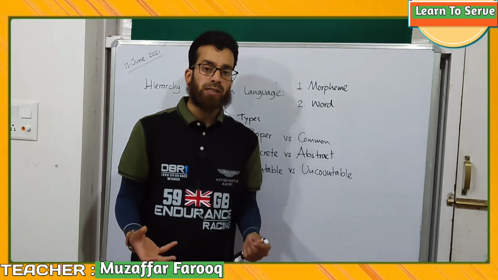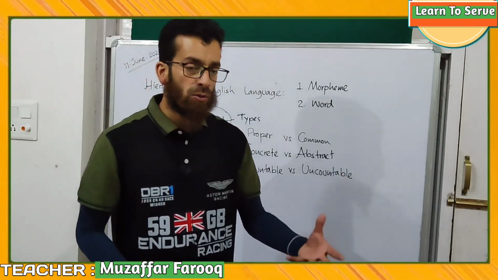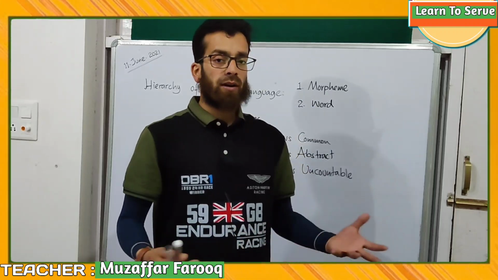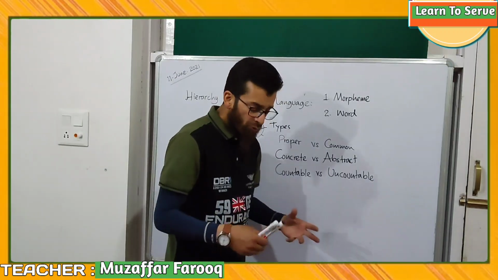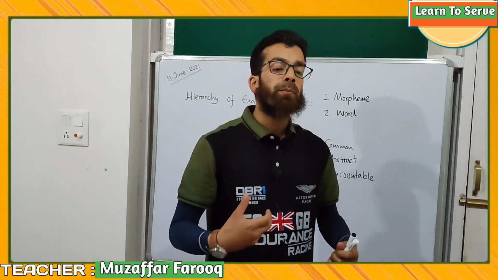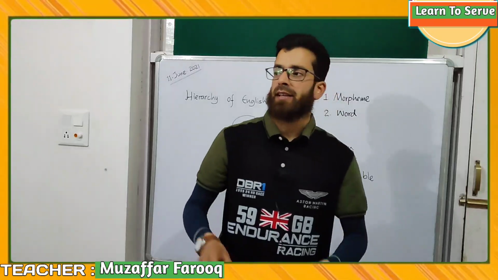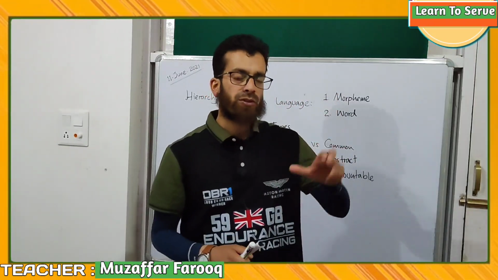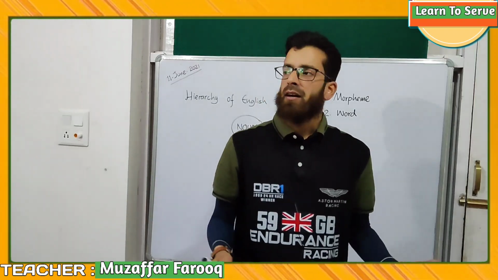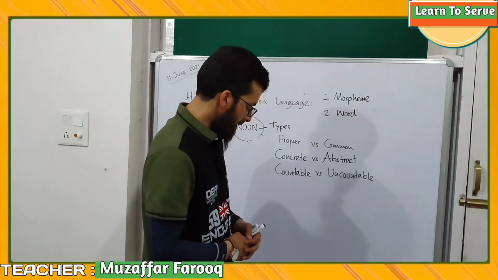You can use an article before countable nouns. If a countable noun is singular, you can use a or an. Also, countable nouns can be preceded by a number. You can say one person, two persons, 3 doctors, 5 books, 6 pens, 10 doctors, etc.